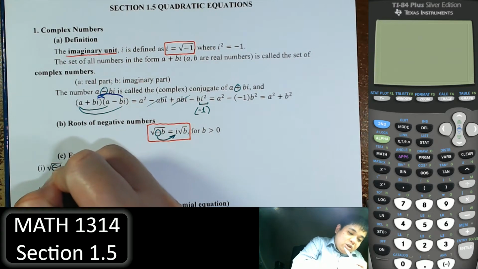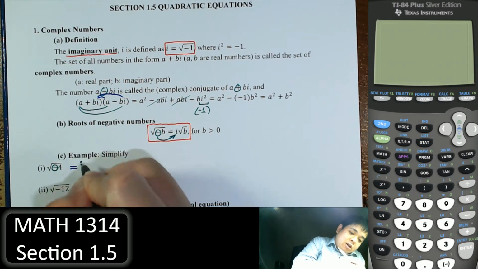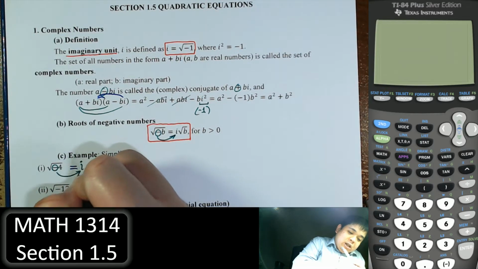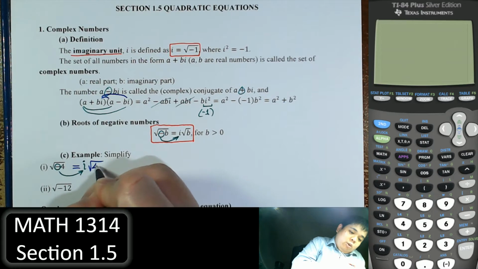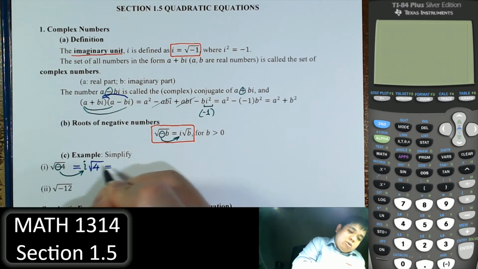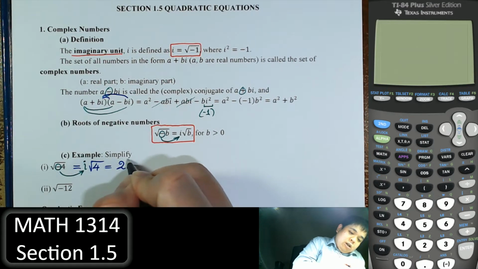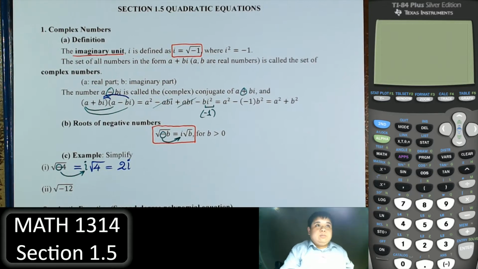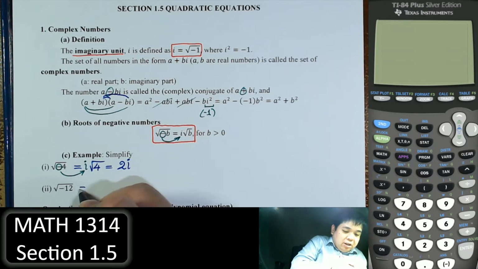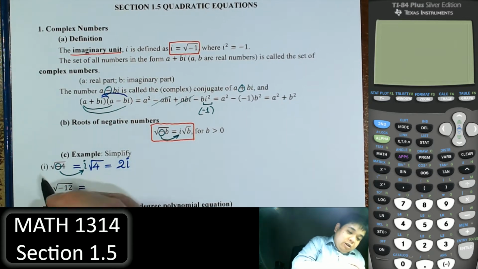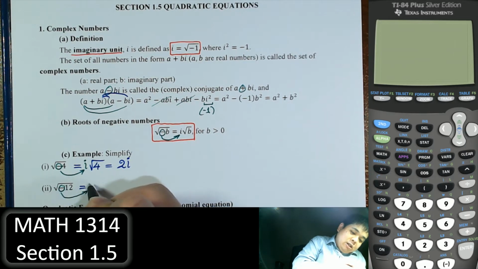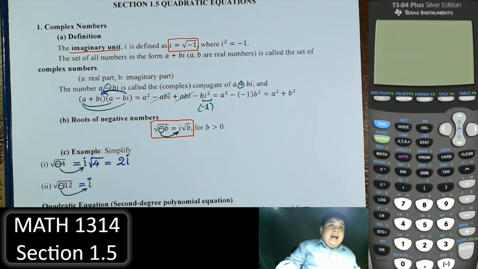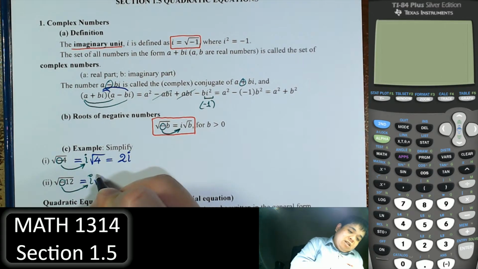First thing, we take it out, and that becomes the imaginary unit. What's left is just the square root of 4. The square root of 4 is 2, so we have i times 2, which is equal to 2i. So always take care of the negative inside the square root first, and that is the imaginary unit, and then worry about what's left later.